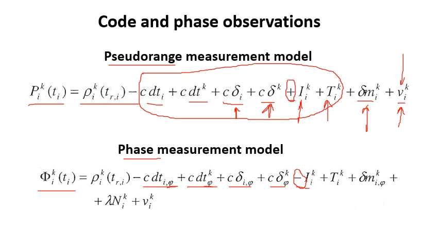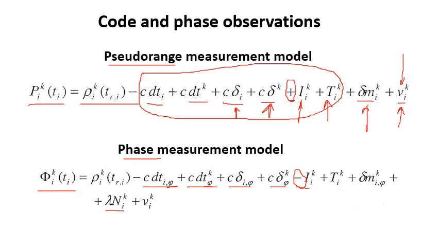The other very important one is, again, you see the term here. As we noted earlier, at the turning on of our receiver, we don't know the exact number of full cycles.